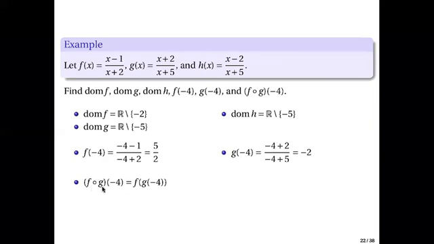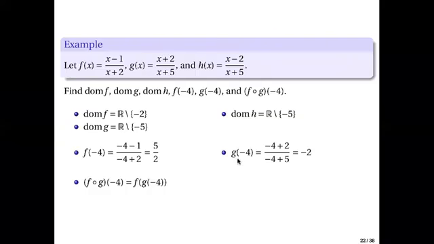F circle g of negative 4 is equal to f of g of negative 4. Written this way, you see immediately that you have to evaluate g at negative 4.